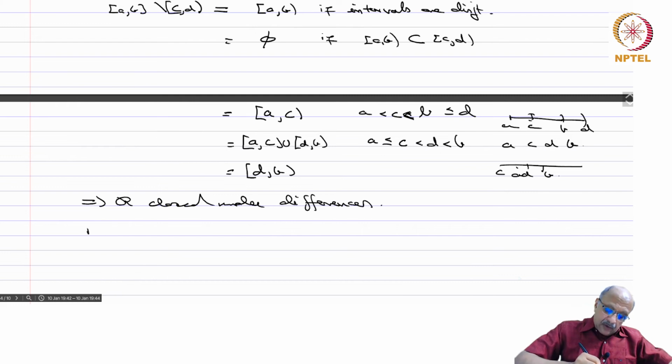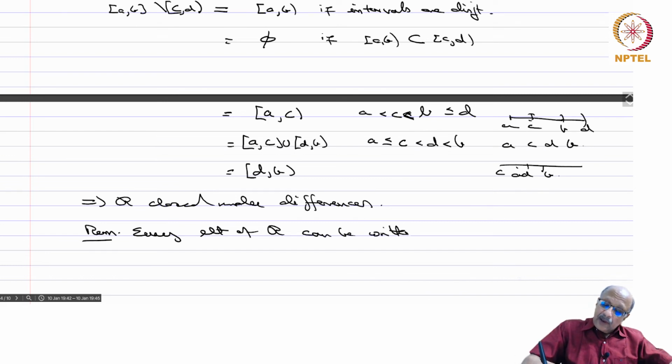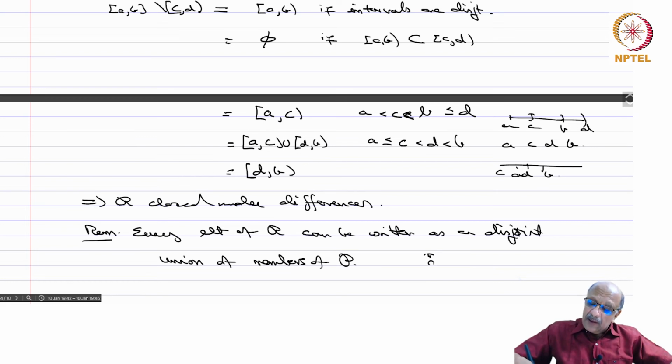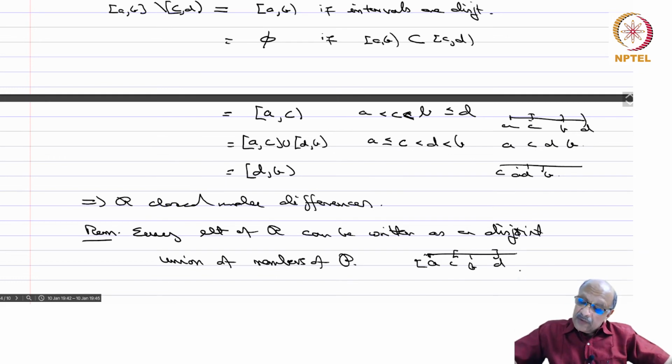Okay. Now, also a remark: every element of R can be written, we know, as a disjoint union of members of P. So you would have AB, so this is A here, and this is B, and then you have, say, C and D here, and then the union of these two is nothing but AD, and therefore AD you can write as AC union CB union BD.